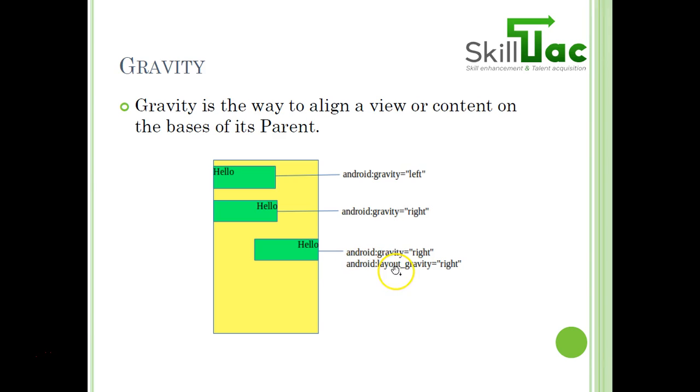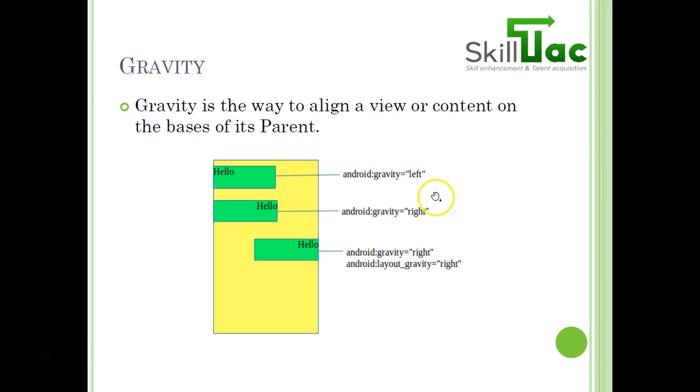And for aligning the view, the green box here, towards right, we've used layout underscore gravity property. So layout underscore gravity property is used for aligning your view. So basically here we have used the right value, so that is why the green box has been aligned towards the right side of its parent, that is the yellow box.